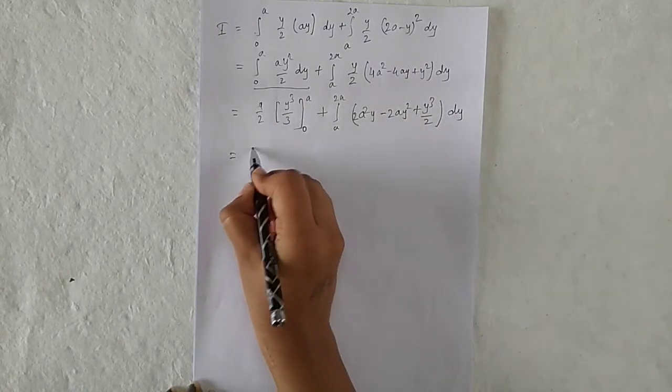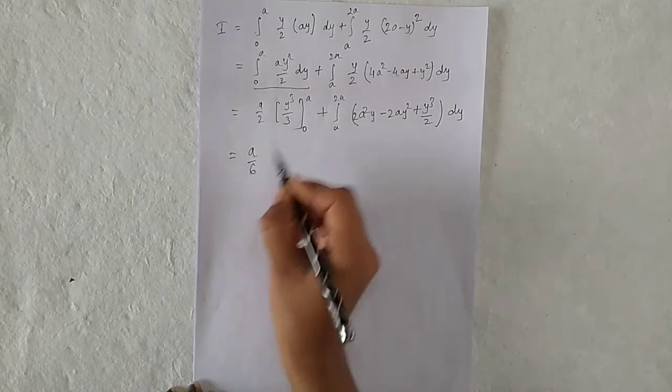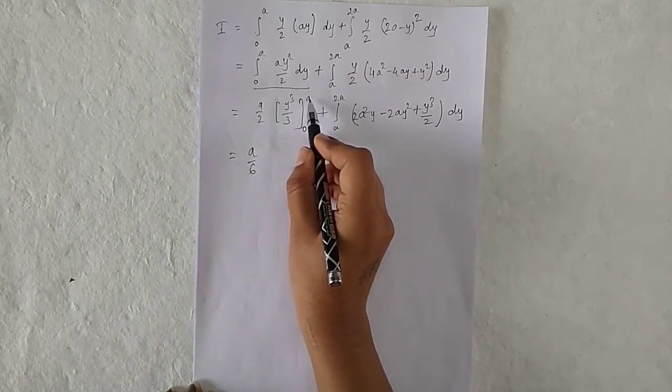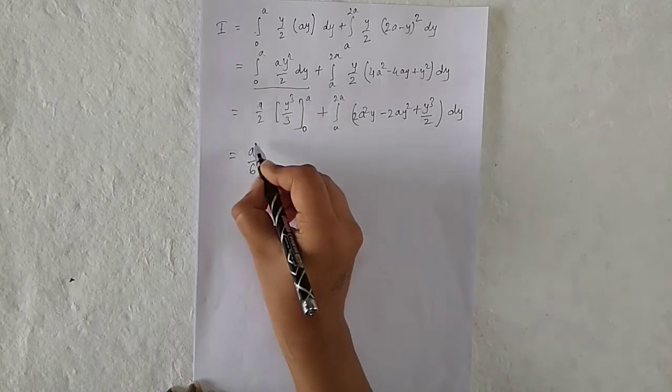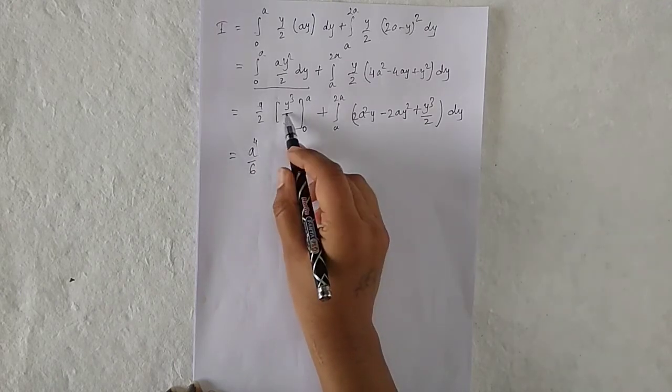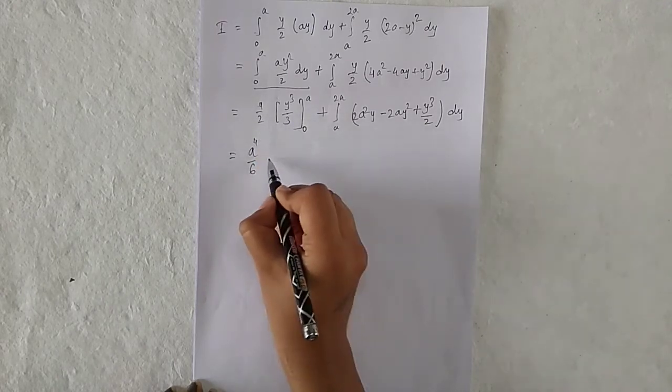Put the limit, so a by 6 and y cube. Put y is equal to a, it becomes a cube into a, which implies a raised to 4. When putting 0, the term becomes 0.